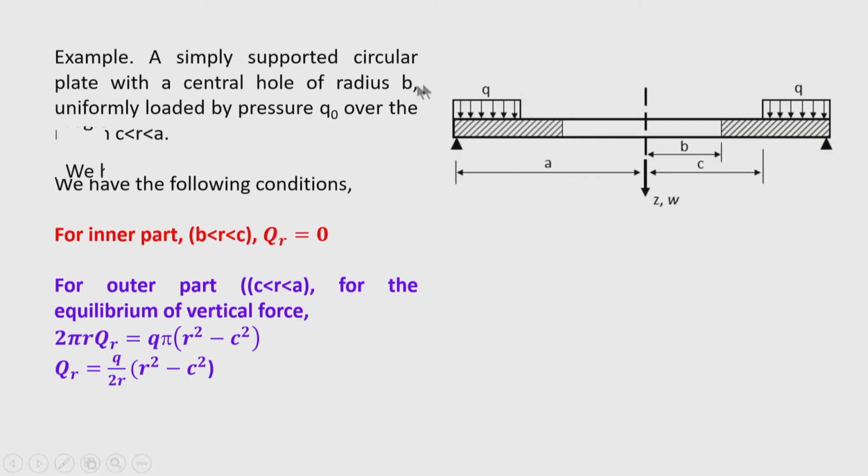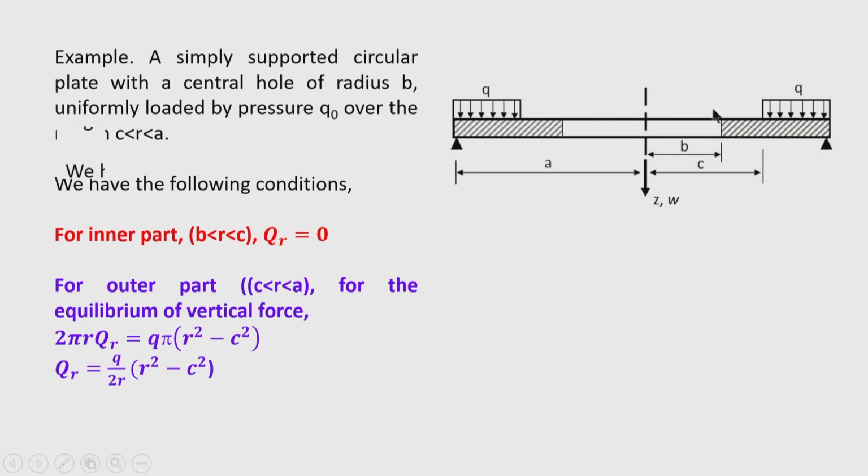Now, here is another variety of problem I am discussing. This problem will be slightly complicated, because the loading is not continuous; there is a break in the load. Although it is axisymmetrical, the load does not cover the full plate.